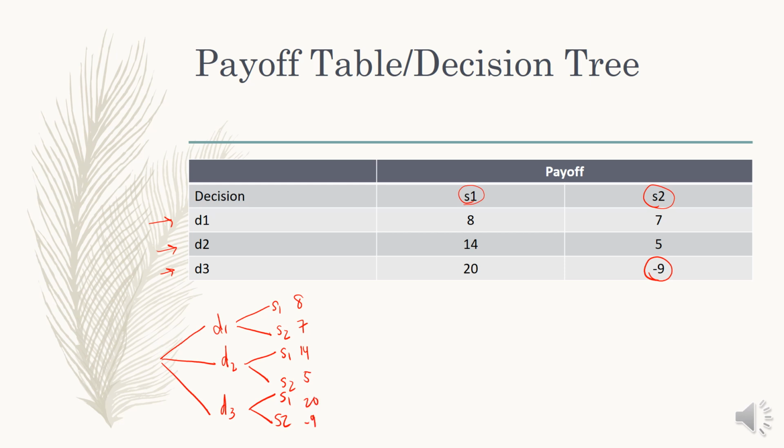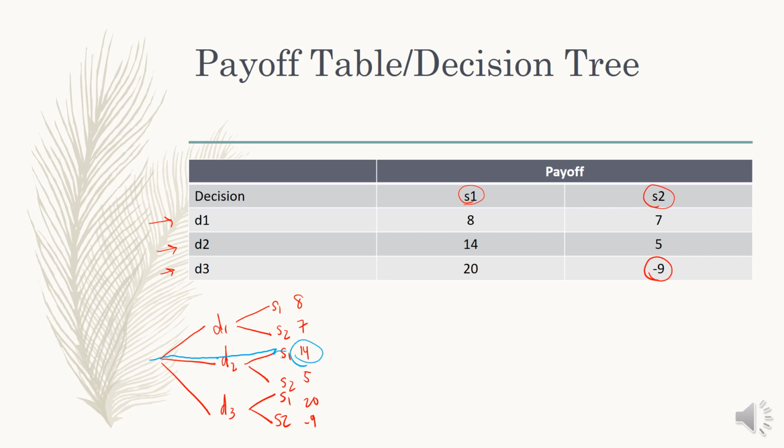And maybe this is a little bit easier to read. I mean, it just really depends on how you like to see things, but you can kind of see all these branches. So let's say that the company in blue here, the company decides to build the medium complex, and then we have a strong demand. Well, then my payoff is 14.